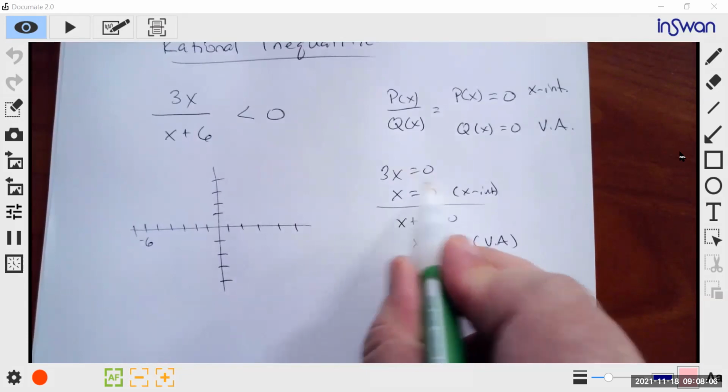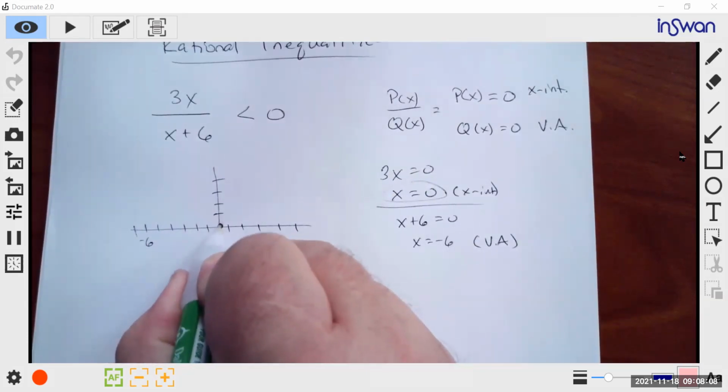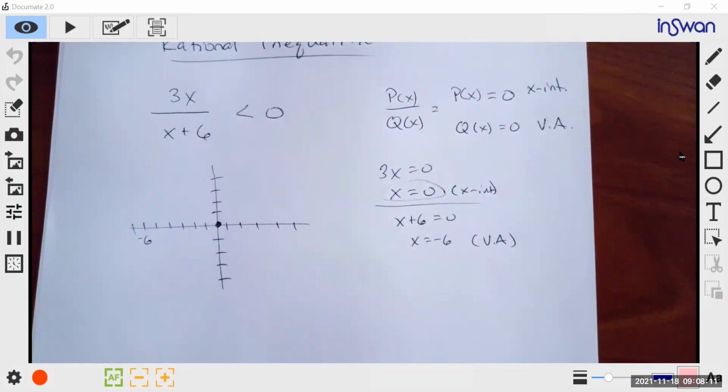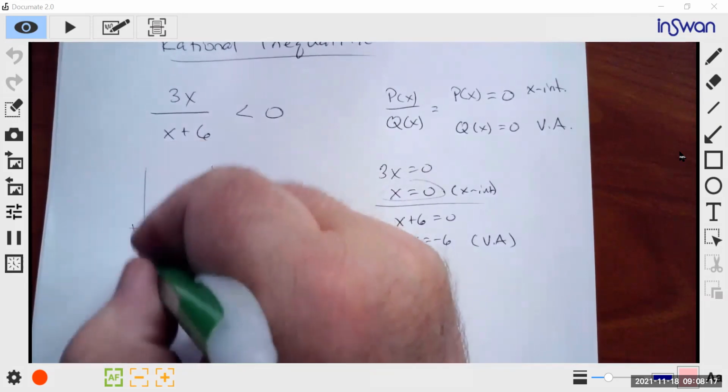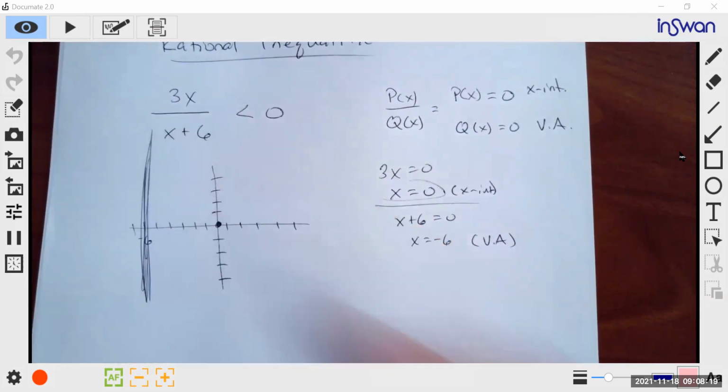So at x equals 0, we have our x-intercept. At x equals negative 6, we have a vertical asymptote.